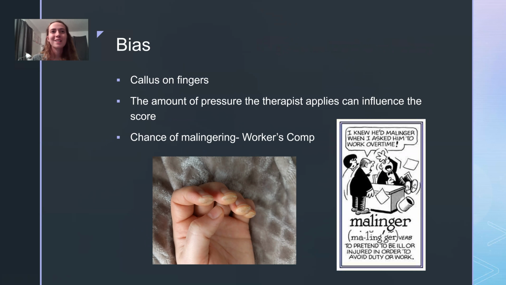You really want to practice with the tool before you use it with a client because it is very easy to press too hard without realizing it. And another thing I wanted to bring up is the chance of malingering. Because of workers' comp, they might have a motive for not wanting to go back to work or wanting to receive more services. So it's important to note the client's behavior throughout the assessment.